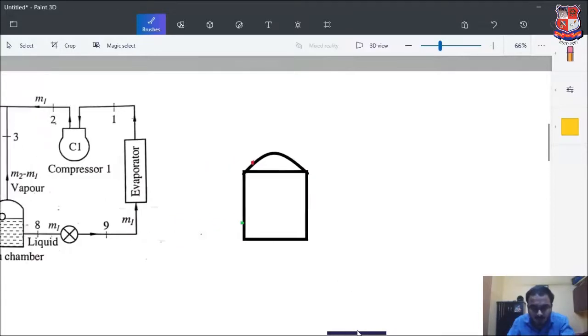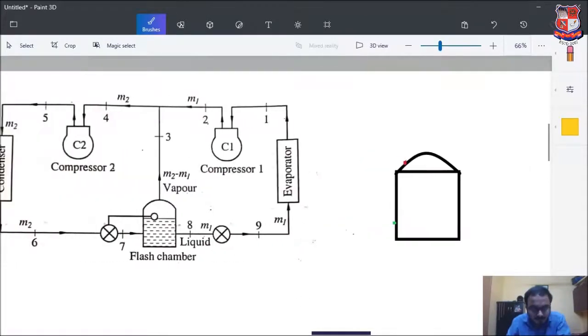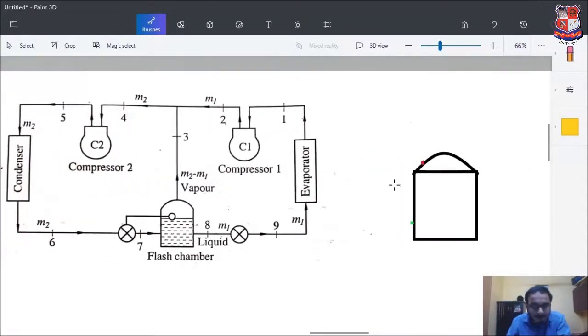So first of all we will see the balance of energy in our flash chamber. Here we have M2 mass, which is at condition 7.